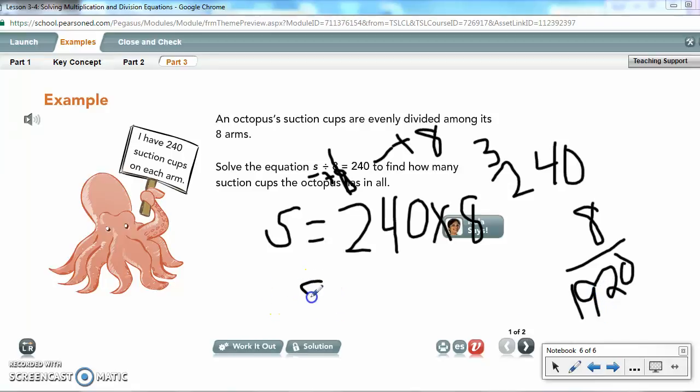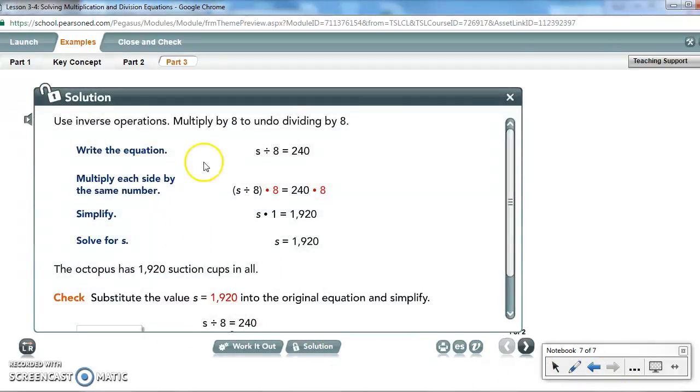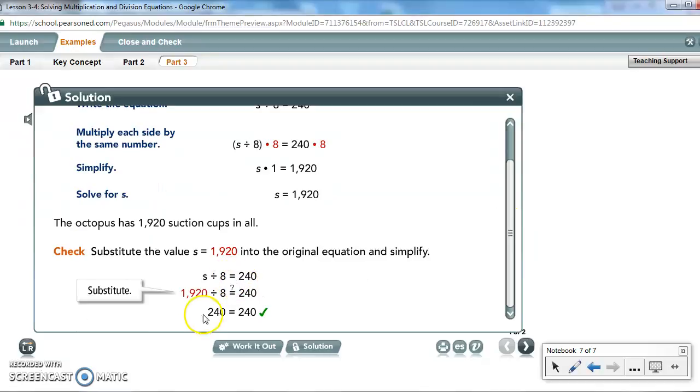So that means the octopus has 1,920 suction cups. Again, they multiplied by 8 because they had to do that to both sides. They got S is equal to 1,920 suction cups in all. They substituted 1,920 and divided by 8 and got 240 to check their answer.